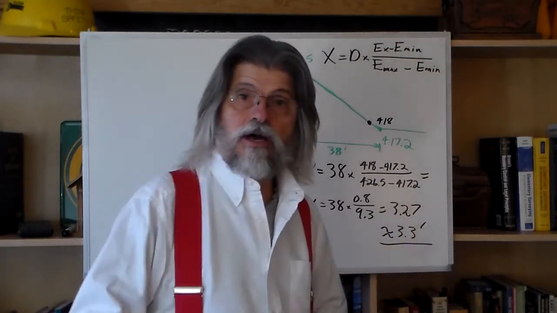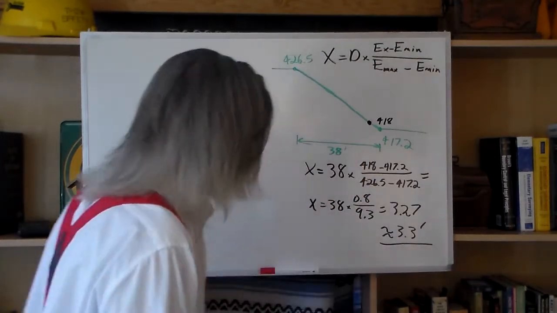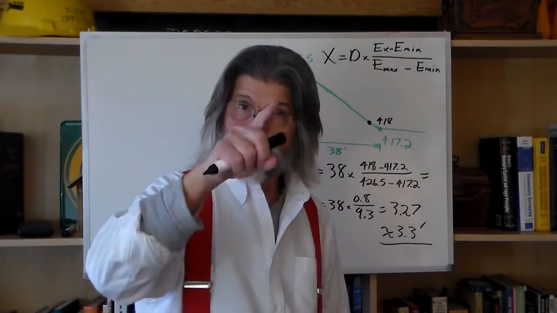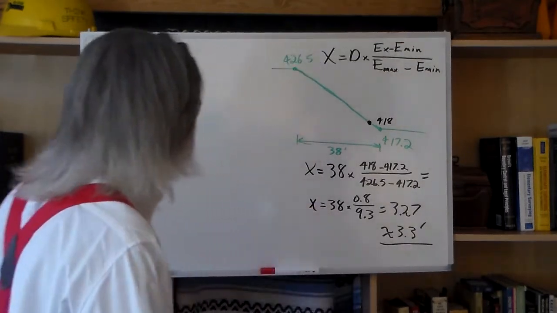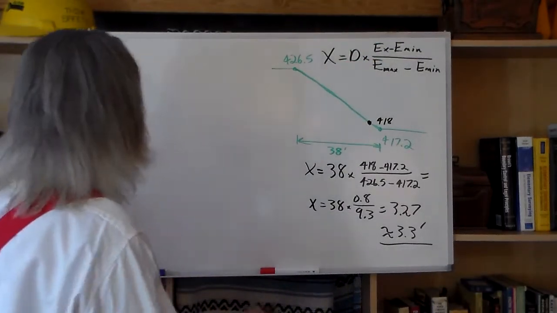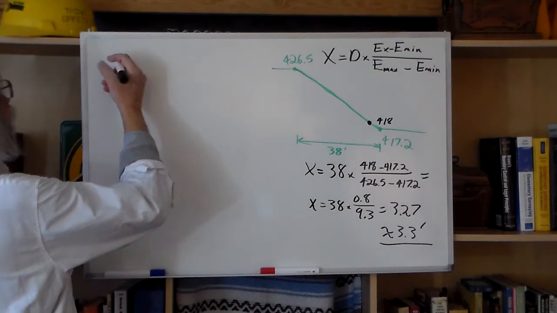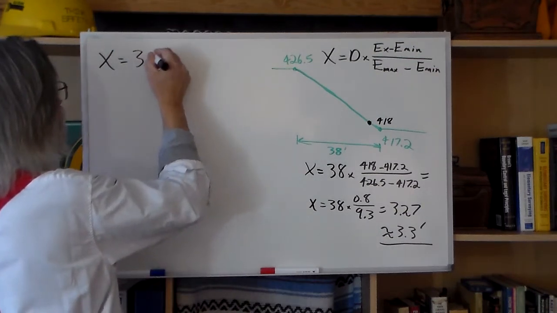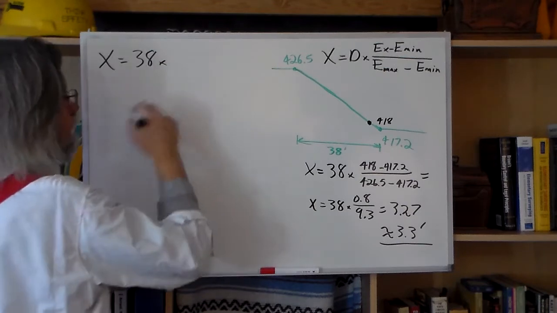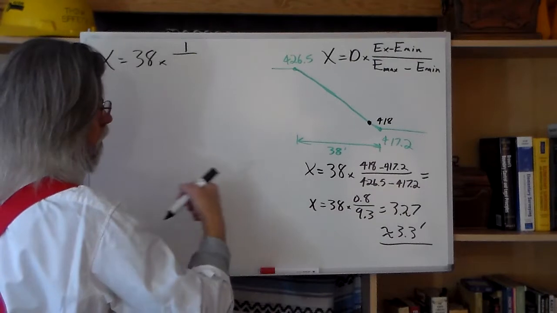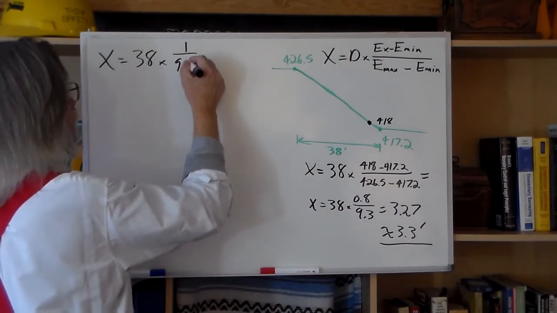So that means we've got another calculation to do, and that is to find out how far we go horizontally to go up 1 foot. And we're just going to adapt the formula we've got right here. So x, in this case, for 1 foot, is going to equal 38 times 1 over 9.3.